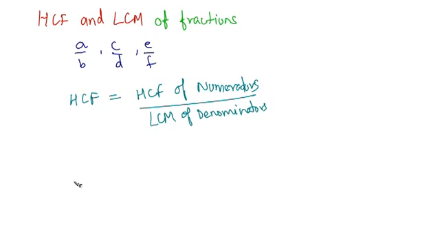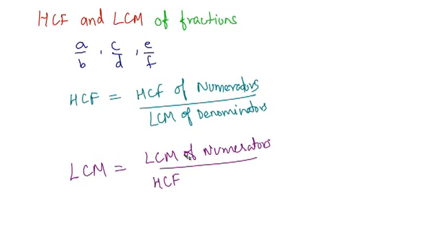And LCM of fractional numbers is equal to the LCM of numerators divided by the HCF of denominators. So if you have to calculate the HCF, you take the HCF of numerators and the LCM of denominators. Or if you have to calculate the LCM, you take the LCM of numerators and divide it by the HCF of denominators.